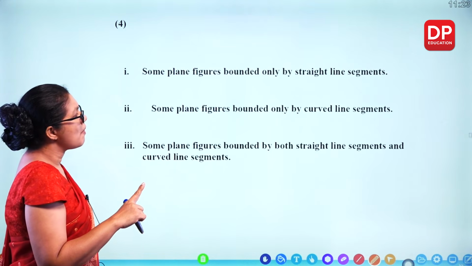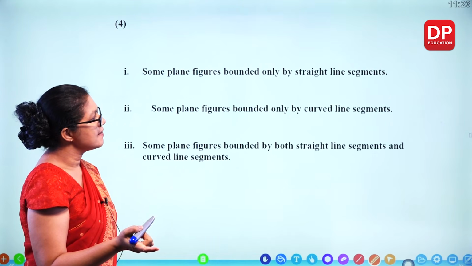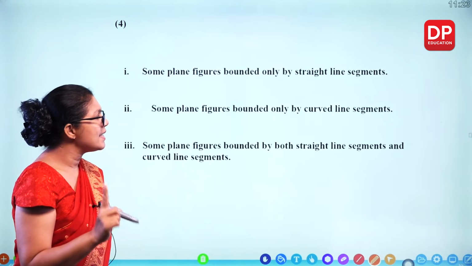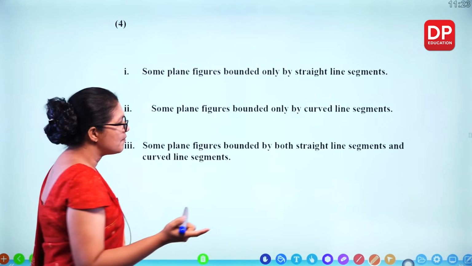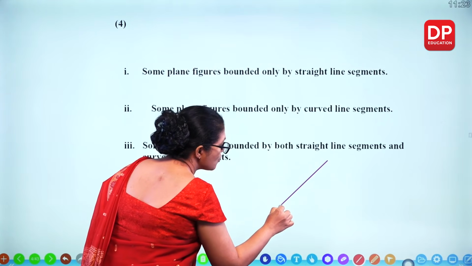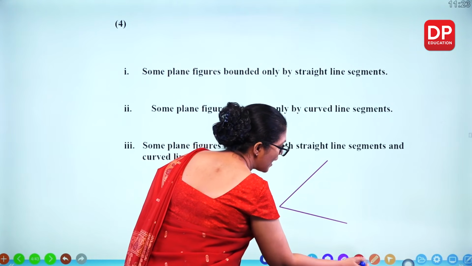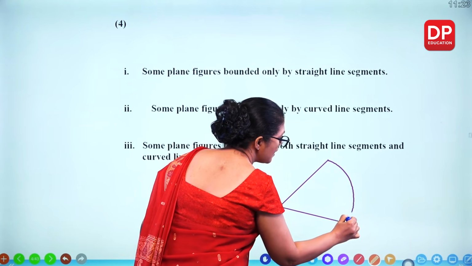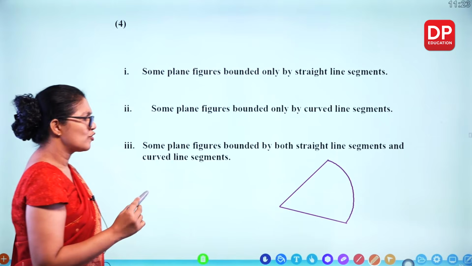Some plane figures are bounded only by curved line segments. Some plane figures are bounded by both straight line segments and curved line segments. Something like this: 2 straight line segments and I can take one curved line segment like this. So both are there.